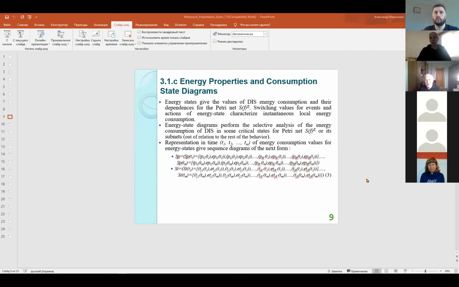Switching values for events and actions of energy state characterize instantaneous local energy consumption. Energy state diagrams perform the selective analysis of energy consumption in some critical states for the battery net or its subnets. Representation in time of energy consumption values for energy states gives a sequence diagram of the next form.